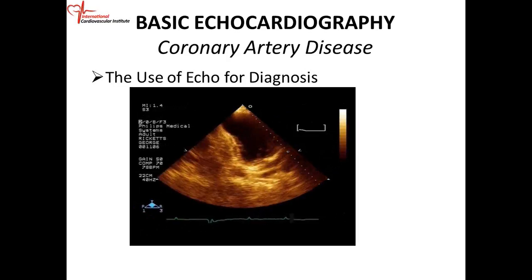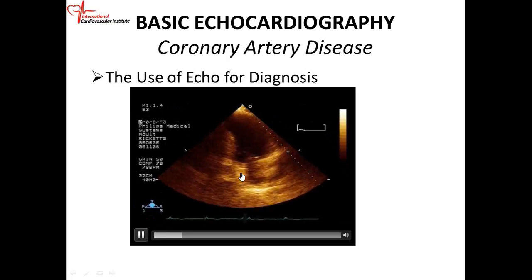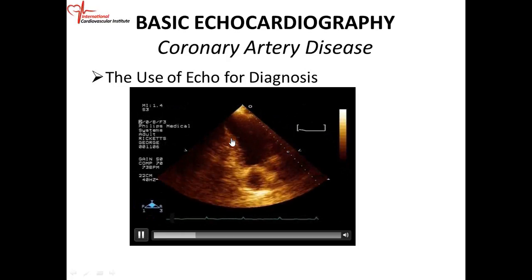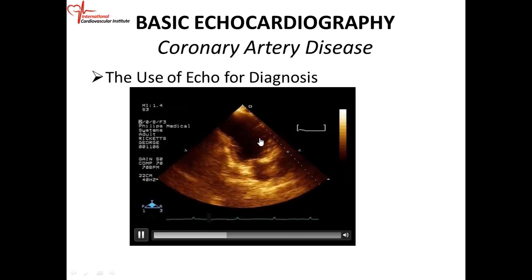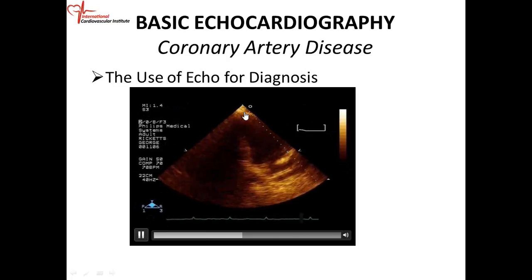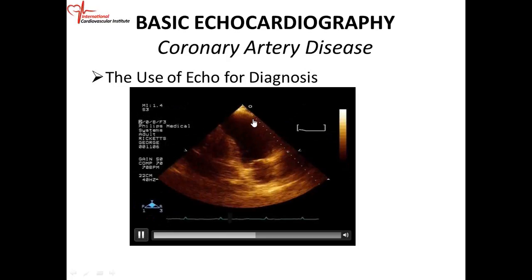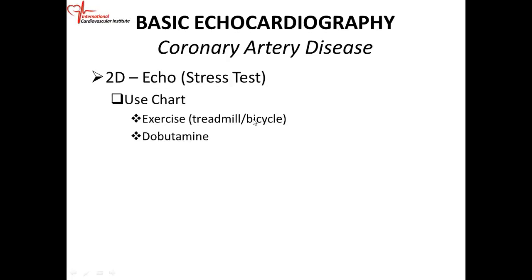And then in your two-chamber view, you can say the inferior wall is hypokinetic, the anterior wall is hypokinetic as well, but the apex is probably akinetic. So your resting 2D echo can give you a tip-off, especially if you see regional or segmental wall motion abnormality.